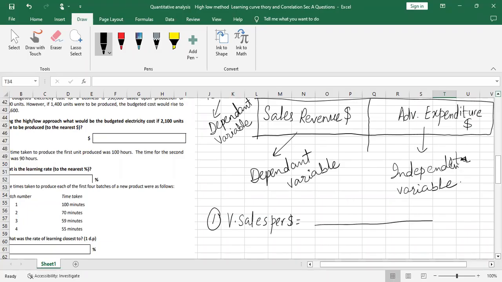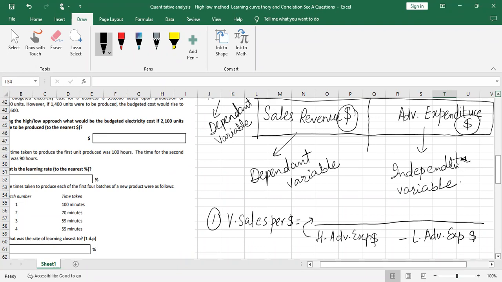Why are you writing per dollar? Because your denominator and numerator both are dealing with dollar values. This time there are no units, there are no hours. You are saying highest advertisement expense rather than highest activity level, and lowest advertisement expense rather than lowest activity level.